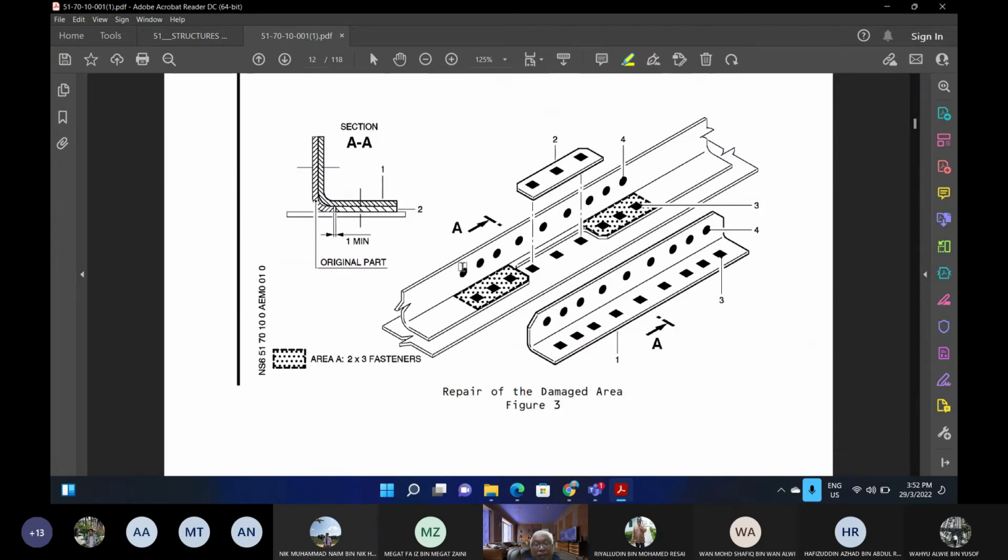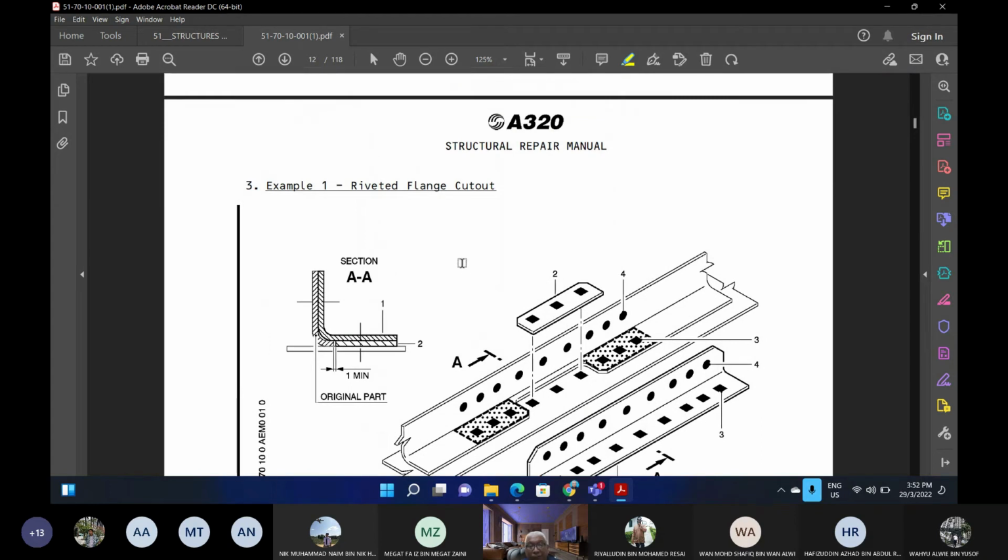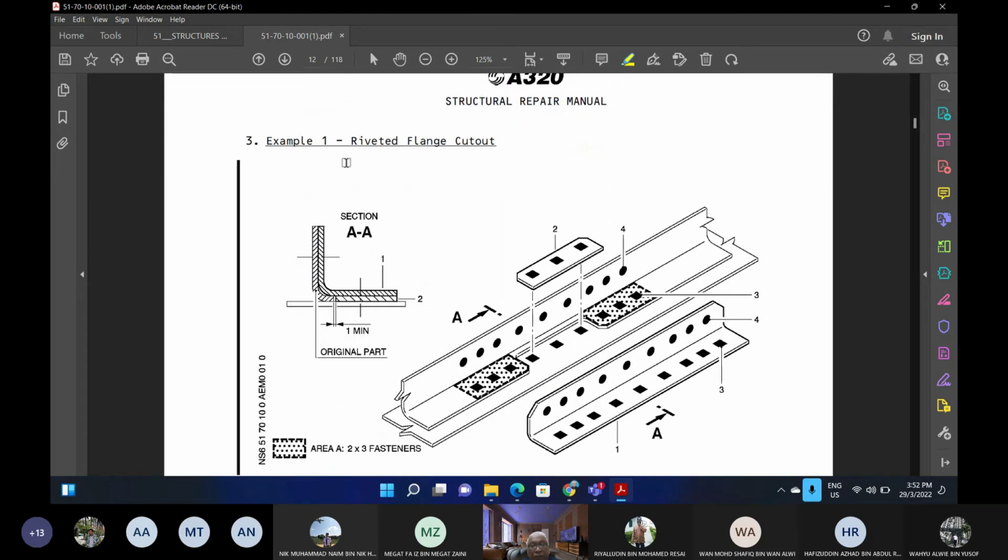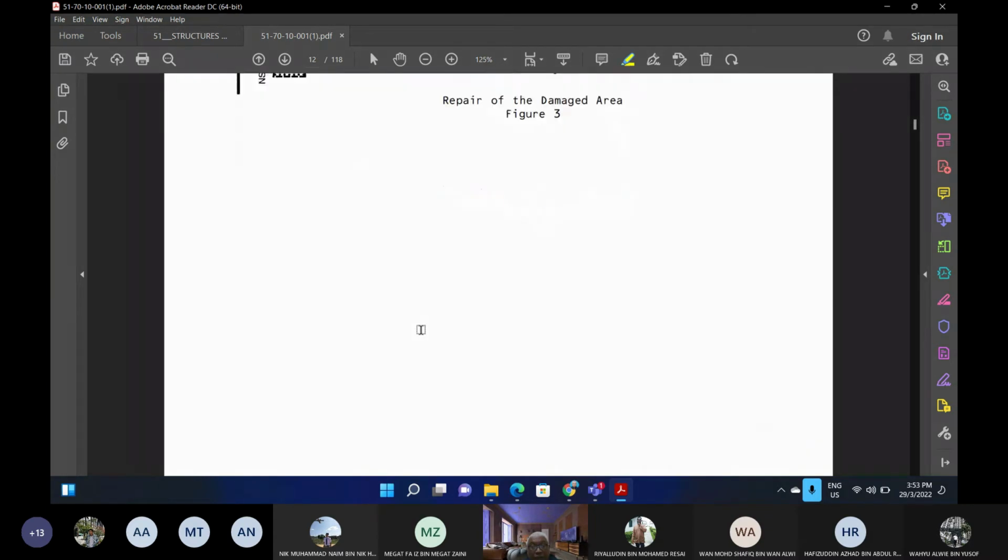Then there are 11 of these examples of repair. For this case, you have a defect on this horizontal flange, cut it off, put a filler, put a doubler, and then the process takes place here.